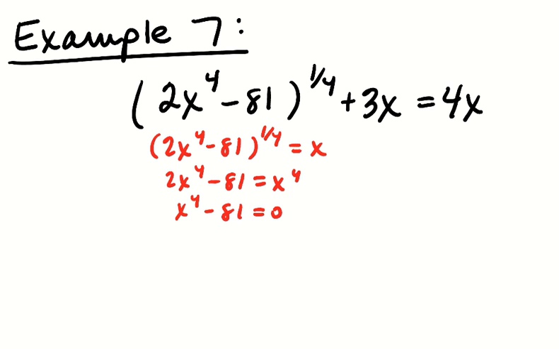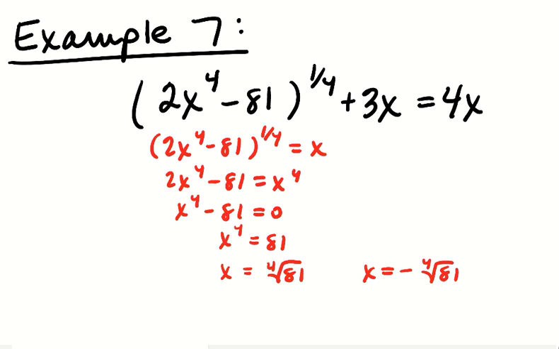Okay, and then this one you could factor, and you'd get both answers. You could do difference of squares 2 times, but I'm going to actually just try to solve for this one directly. x to the 4 equals 81. I'm going to take the 4th root of both sides. Now, when you take the 4th root of both sides, you're going to have to consider the negative as well. So x could also be the negative 4th root of 81.